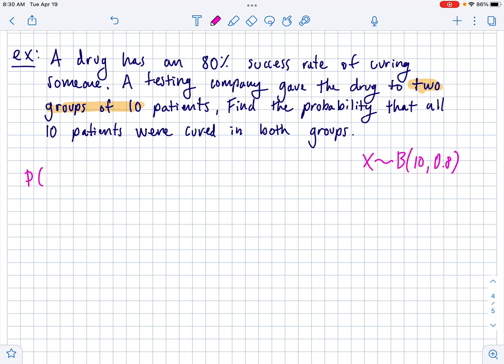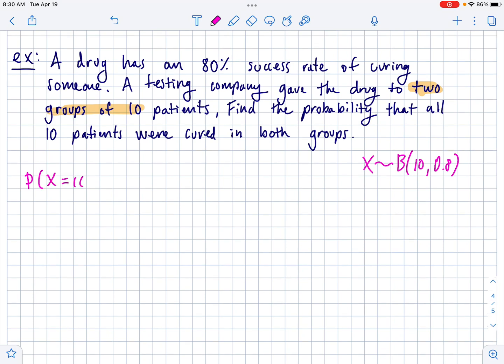If we're going to find the probability in just one group of 10 that all 10 people were cured, we set the probability of X equal to 10. In the binomial distribution, this is 10 choose 10 times 0.8, where all 10 people are cured, and then no people were not cured.